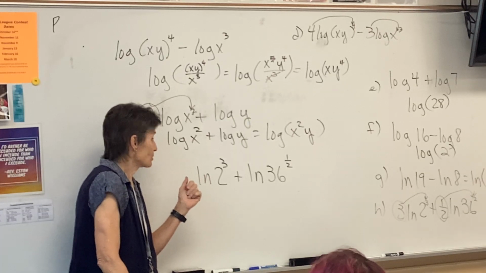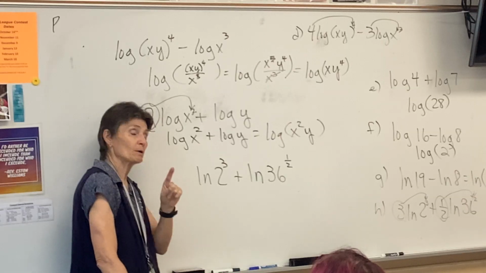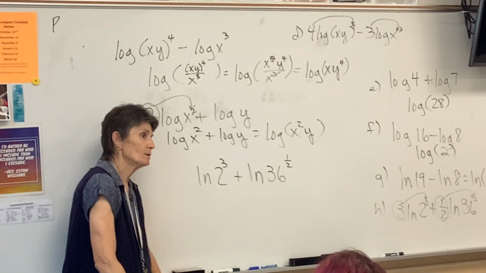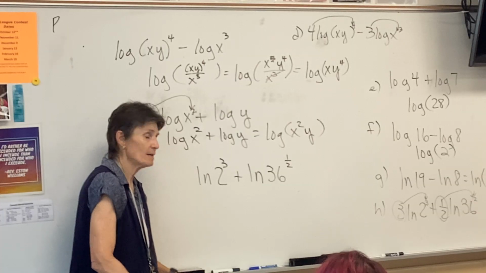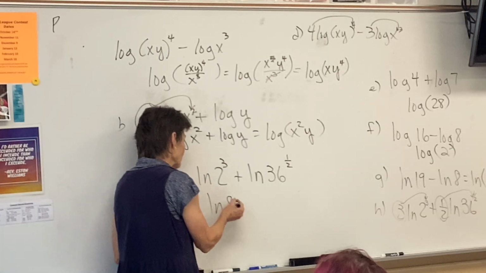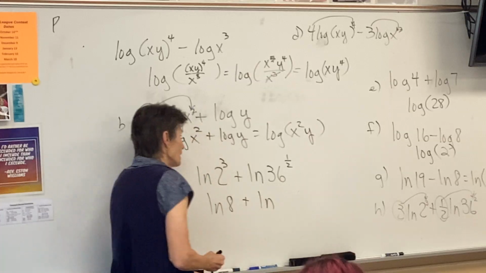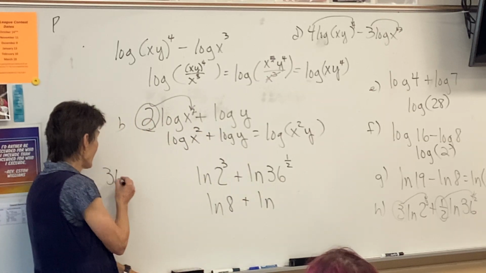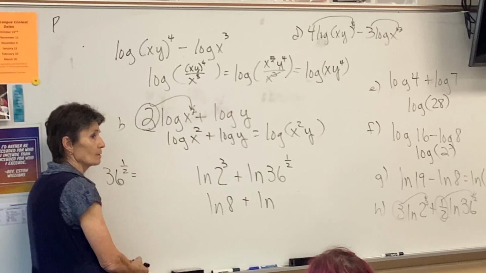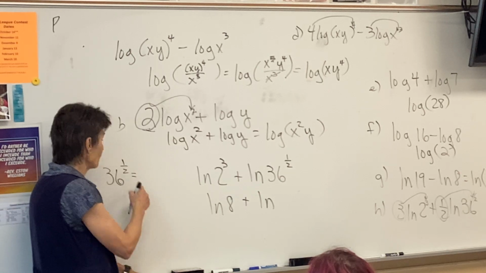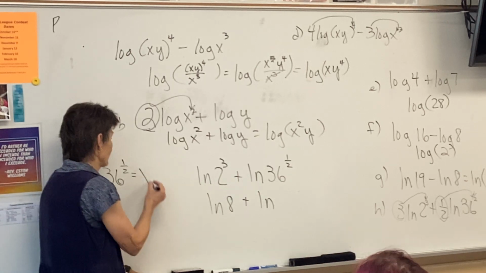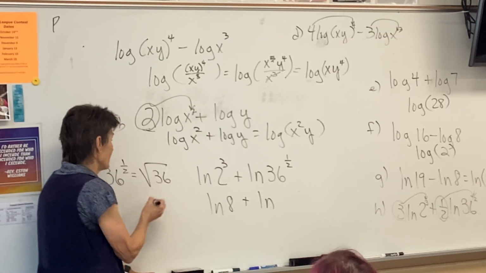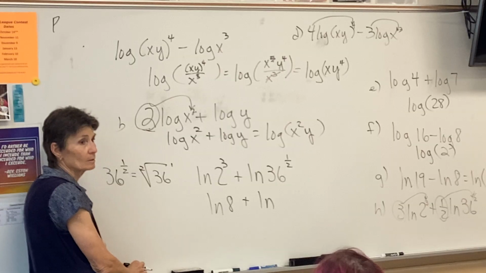It's just a different kind of logarithm, so all the same rules apply. Before I multiply, what about 2 cubed? What's 2 cubed? 8. Let's just make that an 8. And what about 36 to the 1/2? A fractional exponent is a radical, and that's the square root.